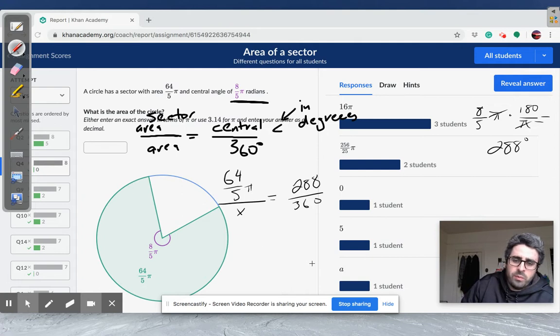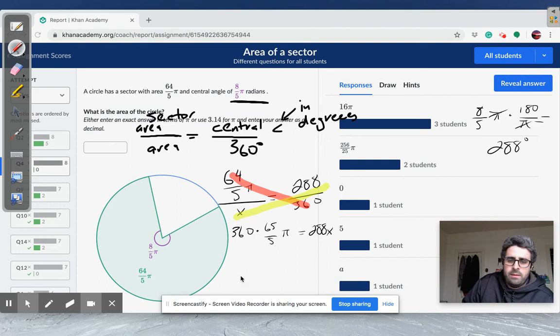So I cross multiply, so it'll be 360 times 64 over 5 pi equals 288 times x. Again, you cross multiply, you're multiplying these two in red, and you're multiplying these two in yellow. So 360 times 64.